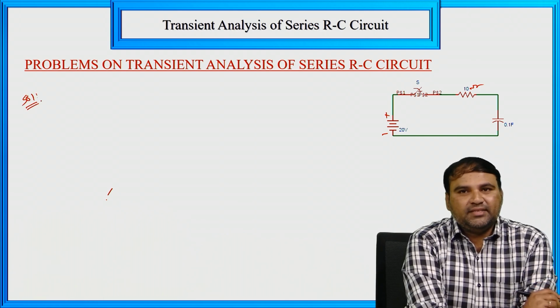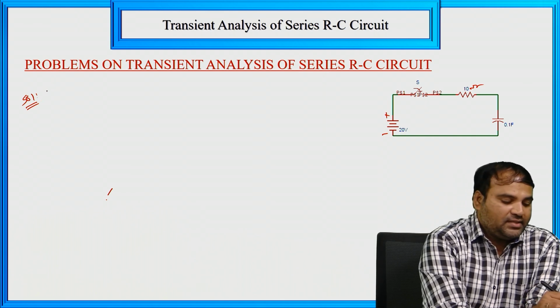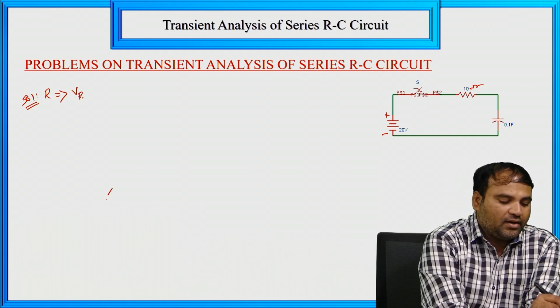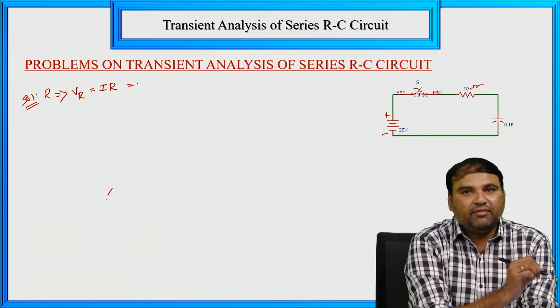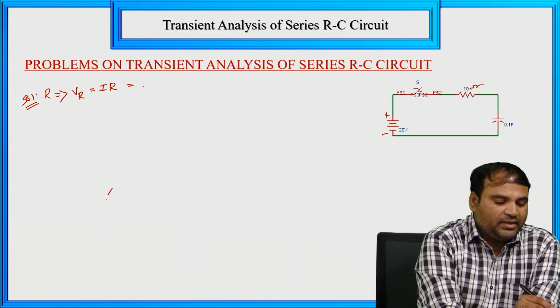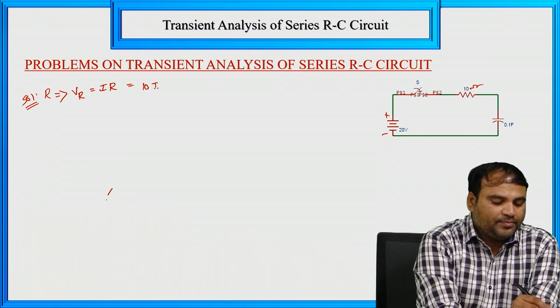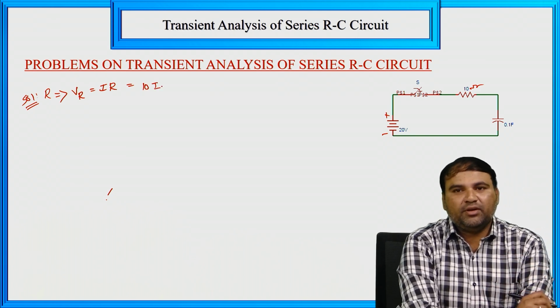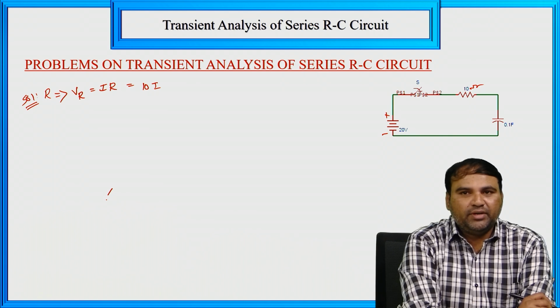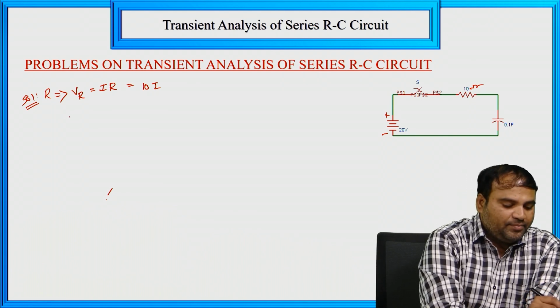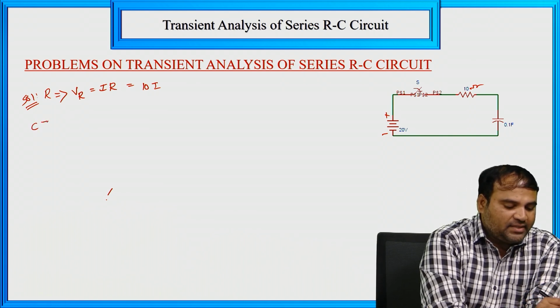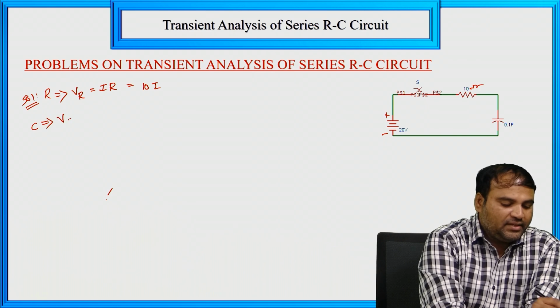For this resistor, the voltage equation is VR equal to I into R. What is the R value here? 10, so 10 into I. The voltage drop across the resistor is VR equal to 10 into I, and similarly the voltage equation of the capacitor, VC, is equal to 1 by C integral of I dt.